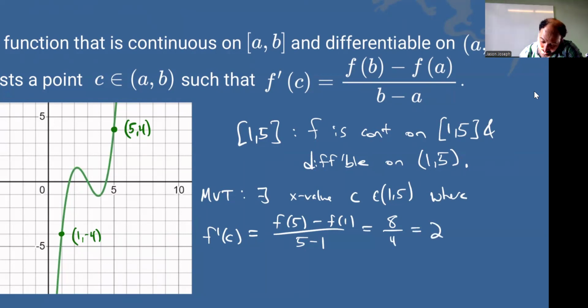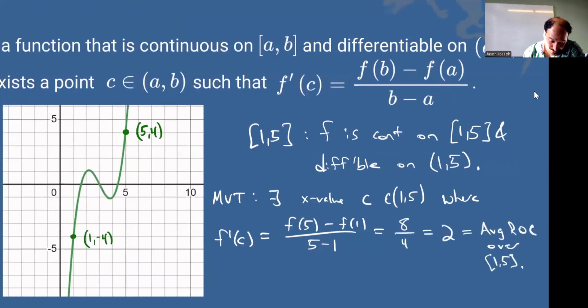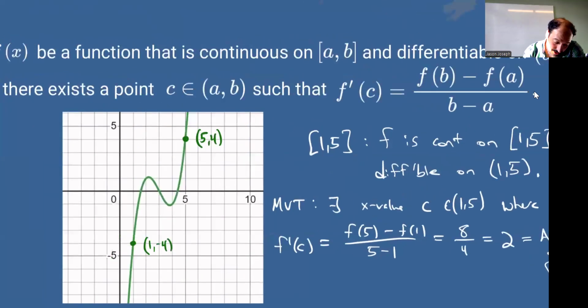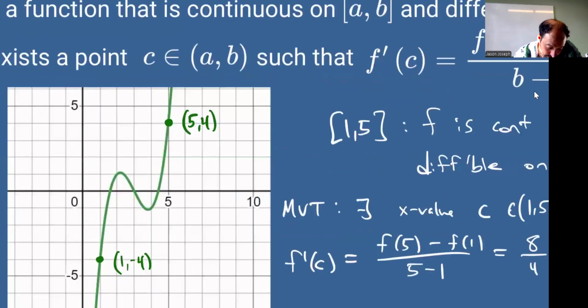Now remember that 2, I should think of that as my average rate of change over 1, 5. And you can also think of it as, because it is, the slope of this straight line in between those 2 points.